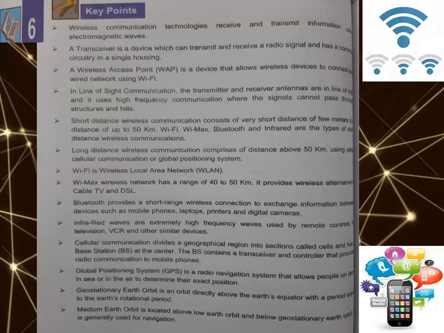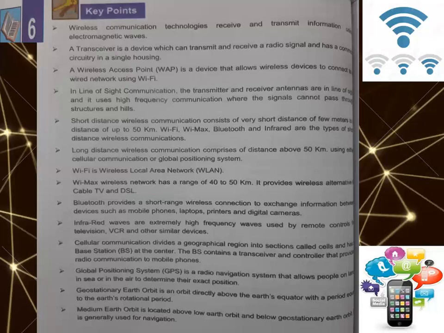Long distance wireless communication consists of distances above 50 kilometers using either cellular communication or a global positioning system. Wi-Fi is a wireless local area network, WLAN. A WiMAX wireless network has a range of 40 to 50 kilometers.